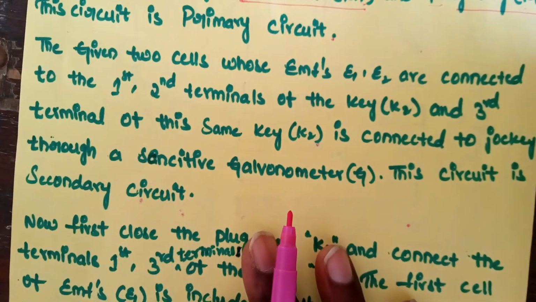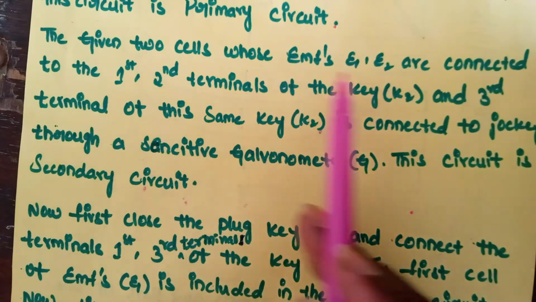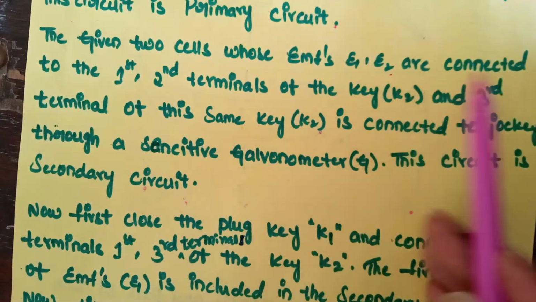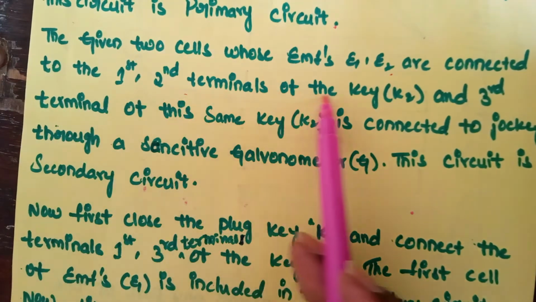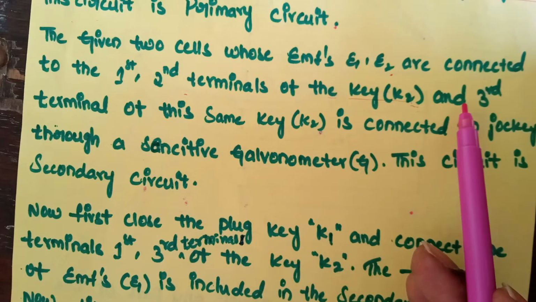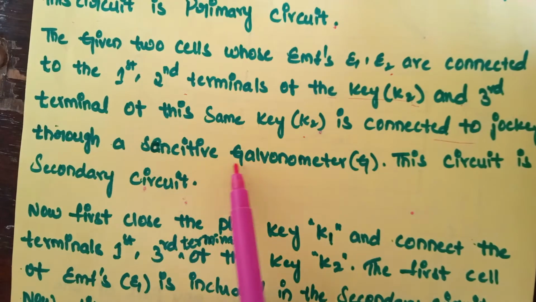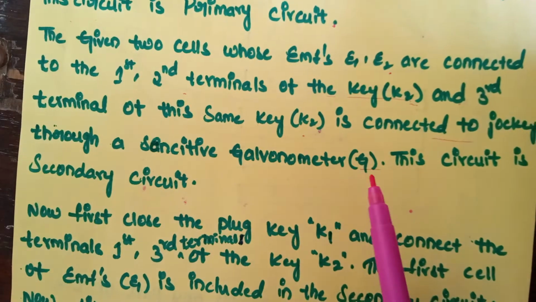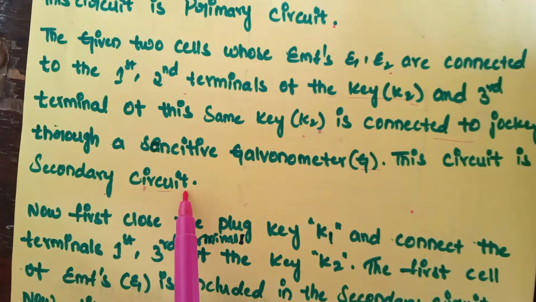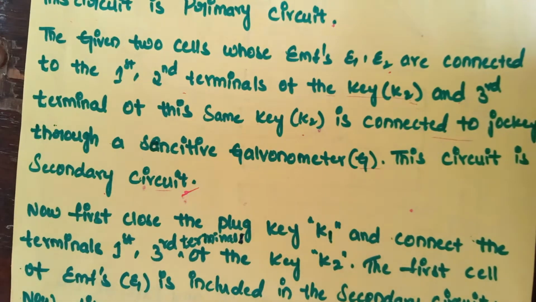The given two cells whose EMFs epsilon 1 and epsilon 2 are connected to the 1, 2 terminals of the key K2, and third terminal of the same key is connected to jockey through a sensitive galvanometer. The circuit is called the secondary circuit.